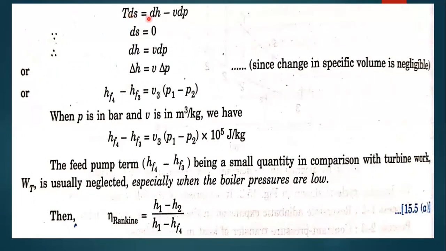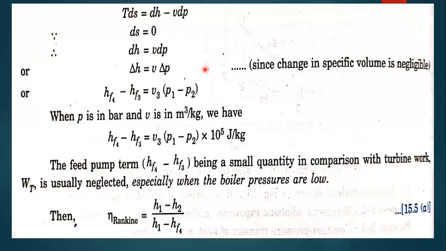So 0 is equal to dH minus VdP. If we move that to the left-hand side, dH is equal to VdP.